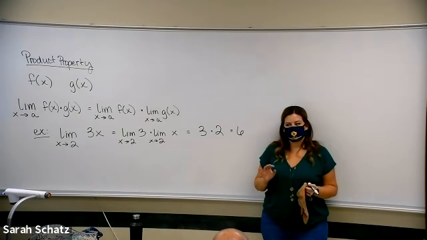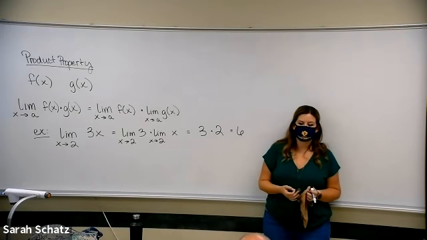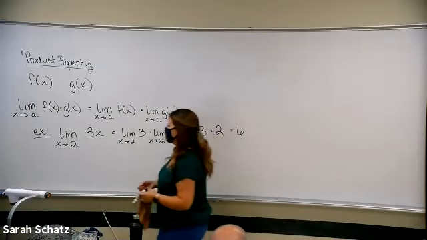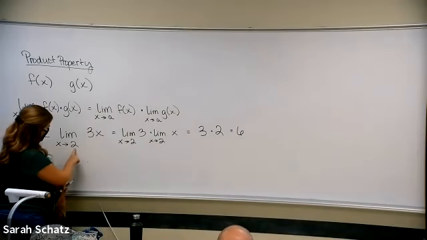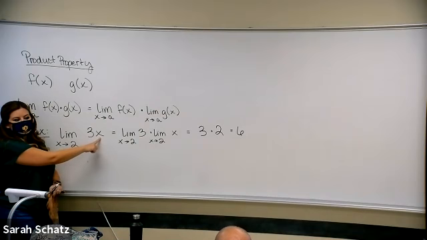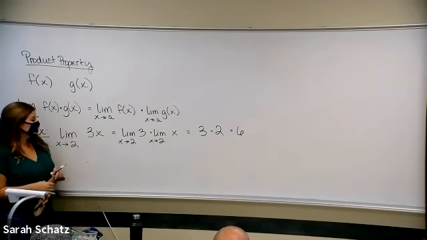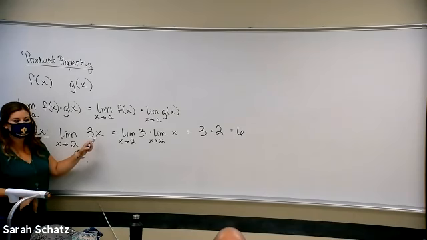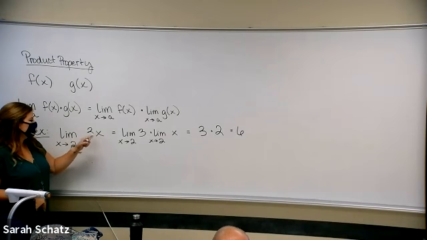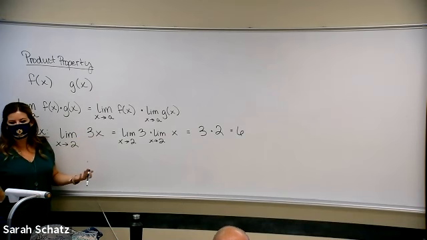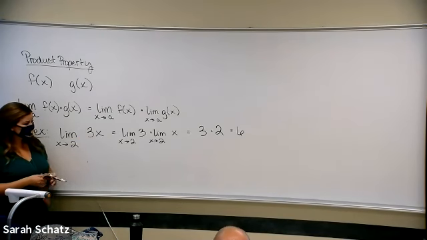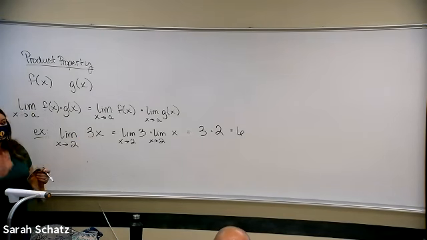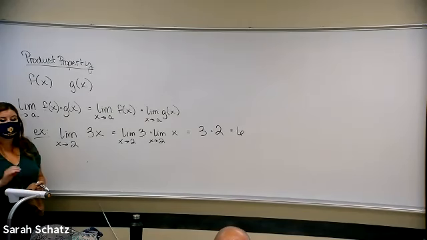Now, let's think about it for a second. Do you think I would have gotten that same answer if I had just thrown a 2 in here for the x? Absolutely, guys. If x approaches 2, I say, oh, well, let's see what happens when x is 2. I put a 2 in here, I get 3 times 2 is 6. Seems easier, right? It's absolutely true that you can do that with certain restrictions.